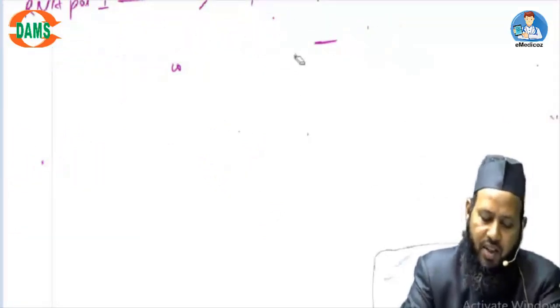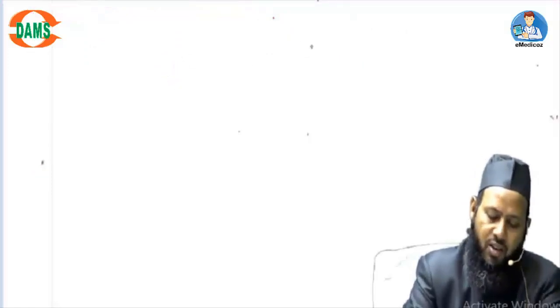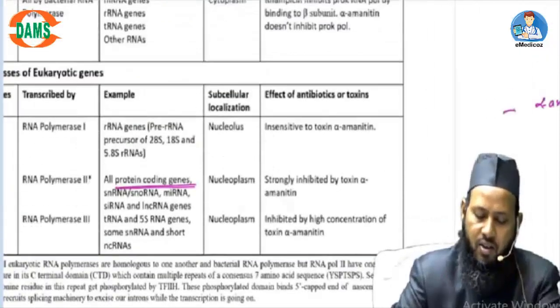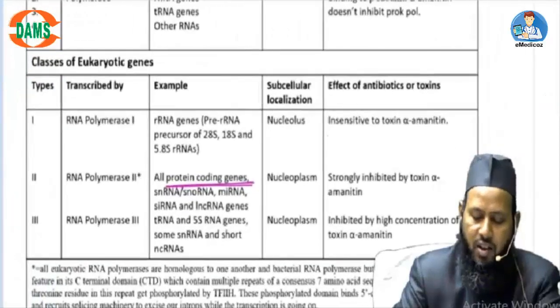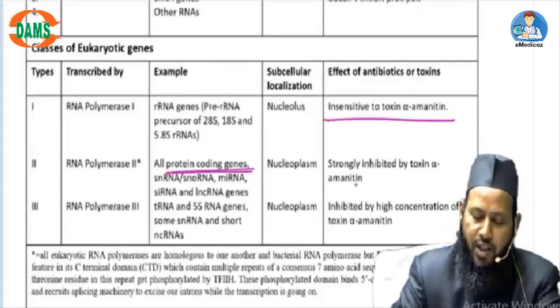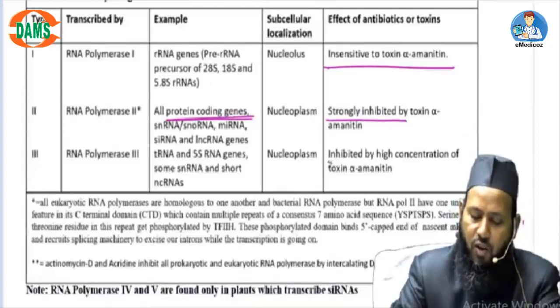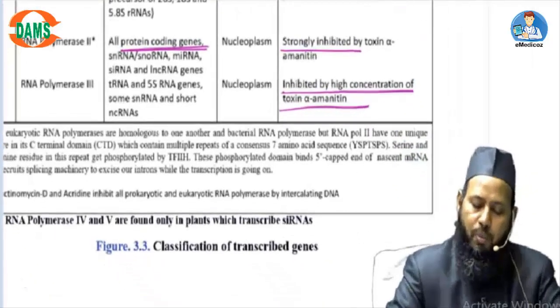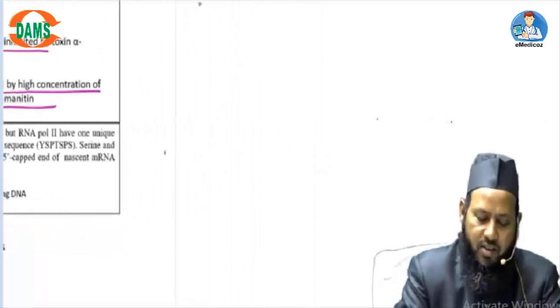They simply give a graph like this: RNA polymerase 1 is insensitive, RNA polymerase 2 is strongly sensitive, and RNA polymerase 3 is inhibited by high concentration of the toxin.